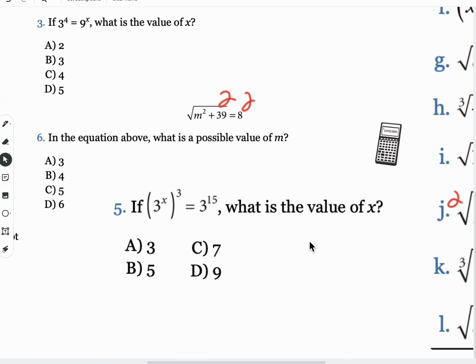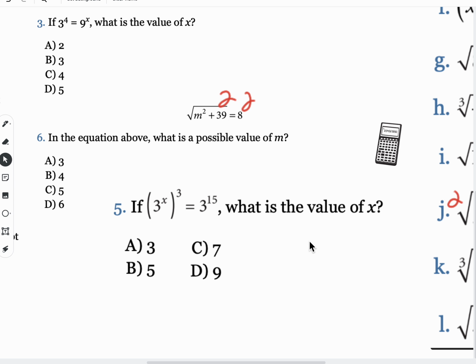Great, let's take a look at number 5. If 3 to the x to the 3rd power equals 3 to the 15th power, what is the value of x? Here we're looking for the value of a variable. When dealing with exponents, we're going to refer back to our MADSPM rules. The PM part of MADSPM, the acronym, will indicate that raising a base with an exponent to another power means to multiply those exponents.